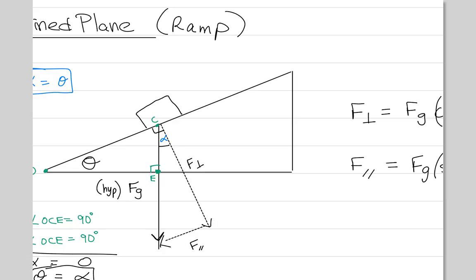Normal forces are always what to the surface? Good. So it goes like this. If you were to draw it properly, it would be the same line as this. This is F normal. F normal is always perpendicular to the surface.